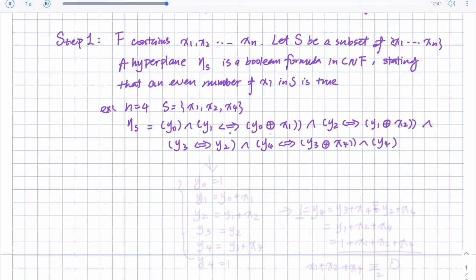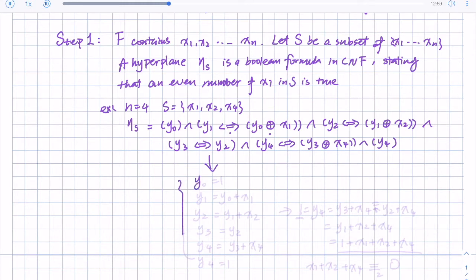Okay, so this symbol here is the bidirectional implication, and this symbol here is exclusive OR. So this Boolean formula can be rewritten as the following set of equations.